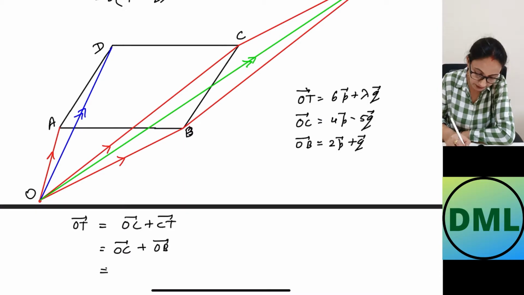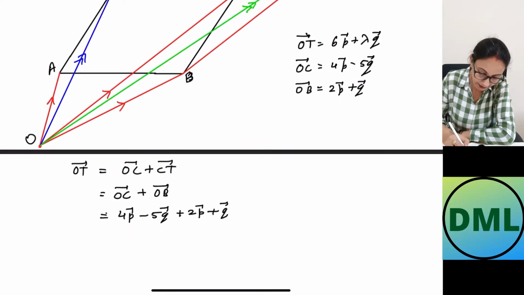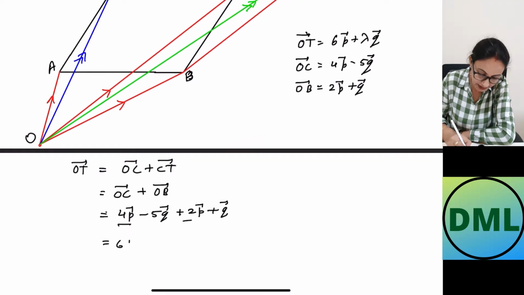Now let's put the values here. OC is 4P minus 5Q plus OB is 2P plus Q vector. Now let's add P, so it will be 6P, and if I add Q, it will be minus 4Q vector.